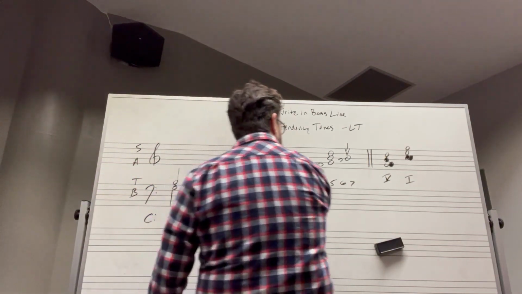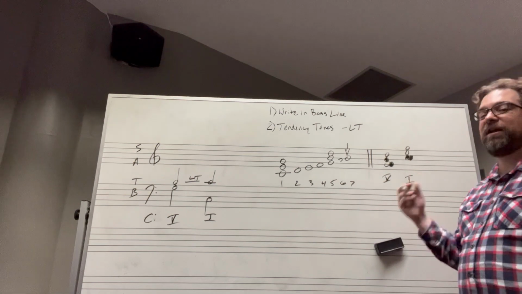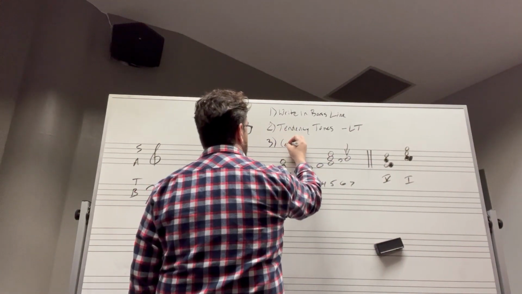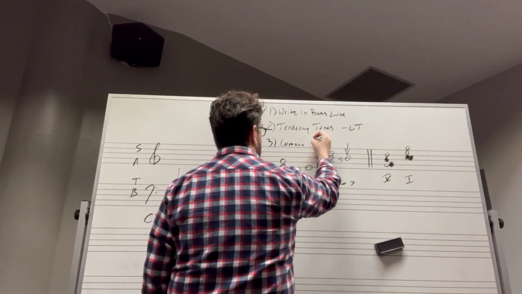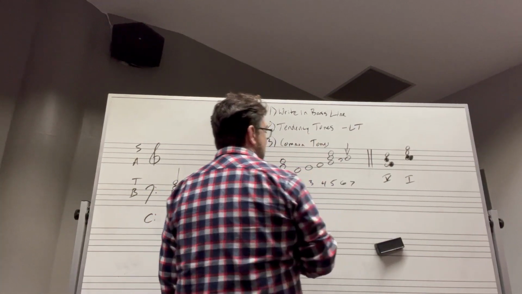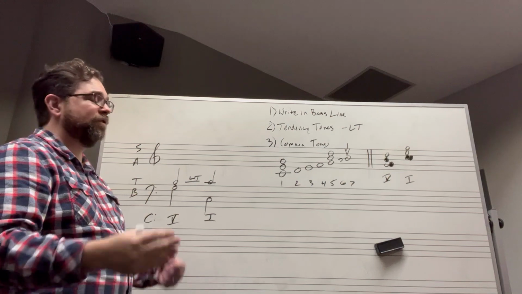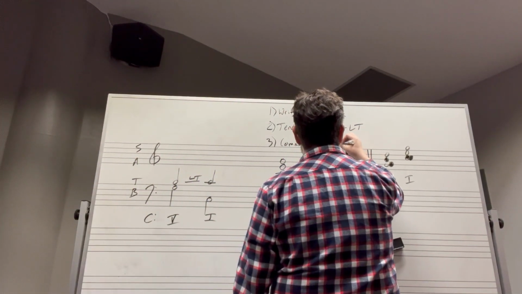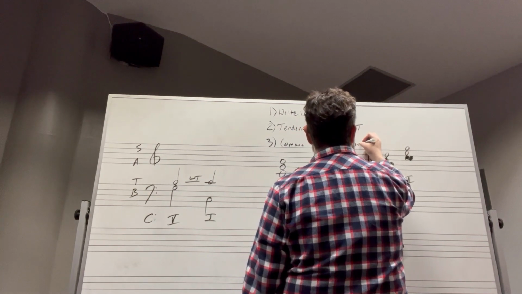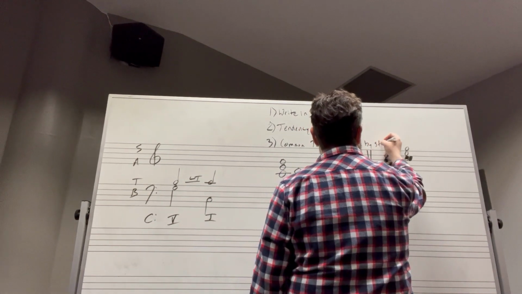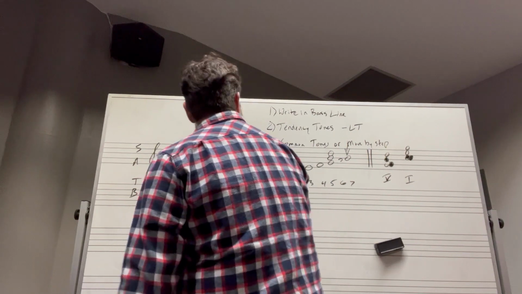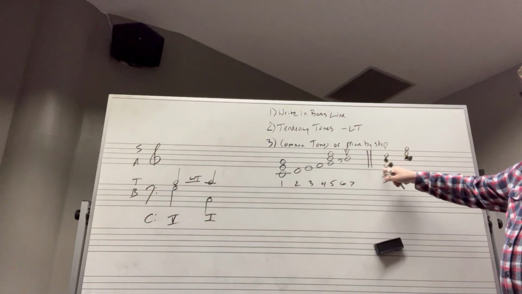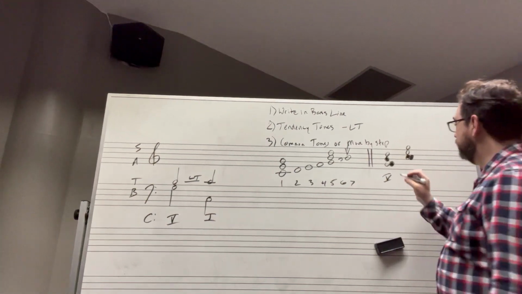So the next thing you do is you want to keep any common tones if you can. And if you don't have any common tones, you just want to move the remaining voices by a step. So I'm going to write common tones or move by a step. So I see here that I have a common tone between the root of the 5 chord and the 5th of the 1 chord.